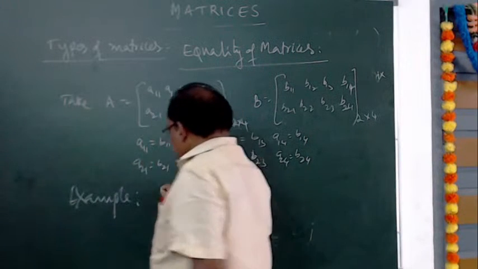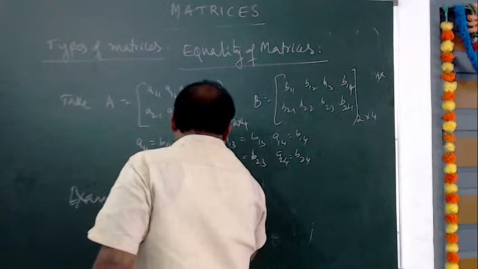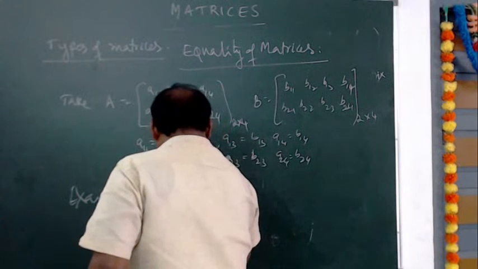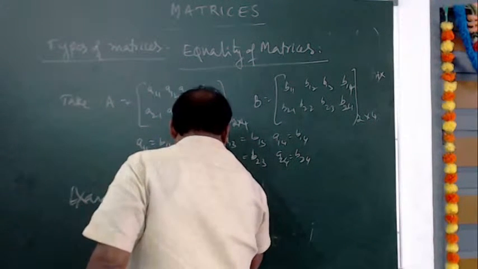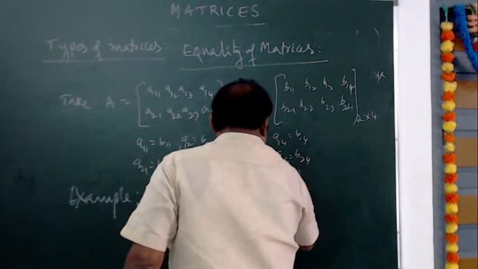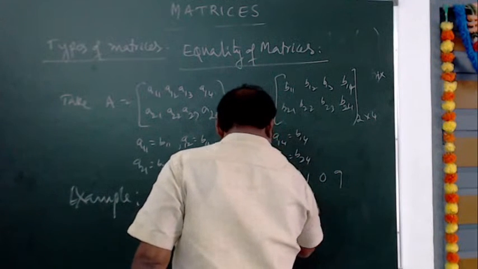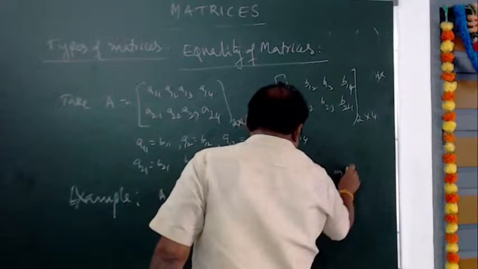Take one example. If A is equal to 1, 0, 9, 4, 5, 8 and B is equal to the same 1, 0, 9, 4, 5, 8.